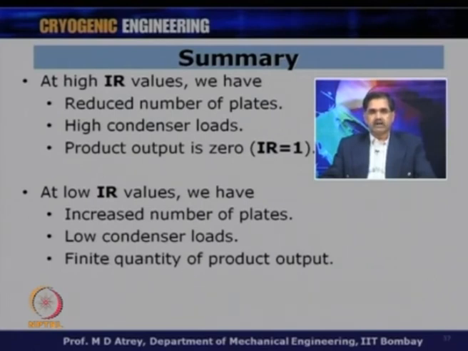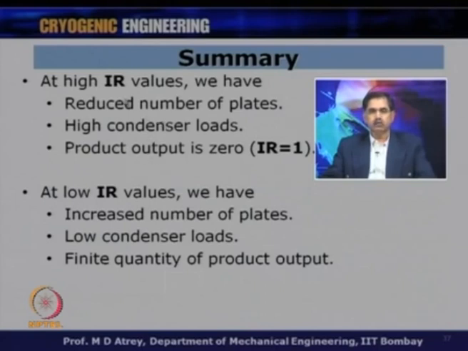This is what we have learnt earlier. The number of theoretical plates decreases as the operating line approaches close to the diagonal. This is what we studied from different problems, the tutorials which we took, that when the operating lines are going to the diagonal, the number of plates will decrease when we reach the total reflux value. Alright.